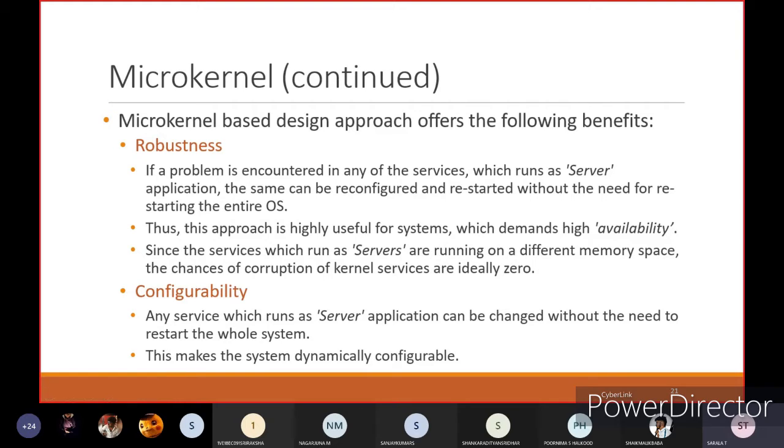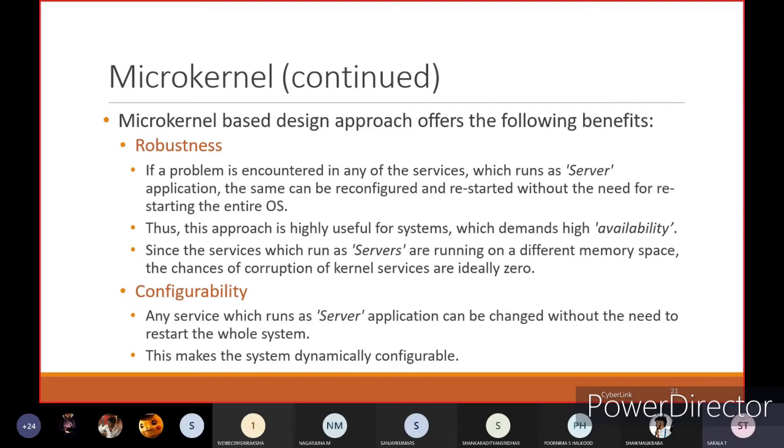If any error occurs in a service running in the user space, it won't crash the whole operating system. You can simply stop that application and restart it without restarting the entire operating system.